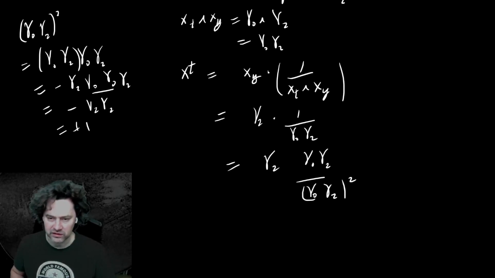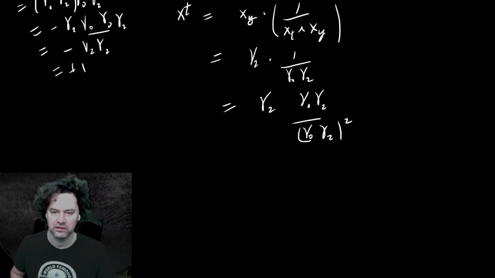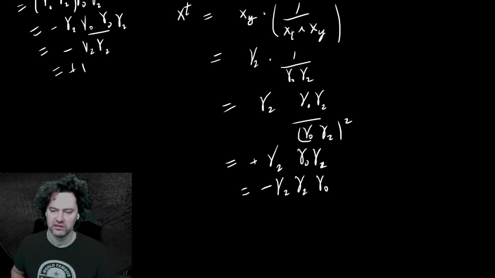So this here, our x^t, is gamma 2 times plus 1 gamma naught, gamma 2, and flipping the order of a pair of these, let's say we get gamma 2, gamma 2, gamma naught, minus.